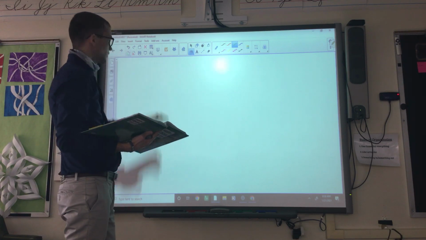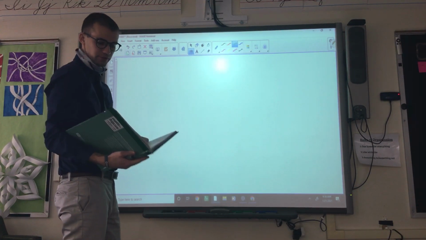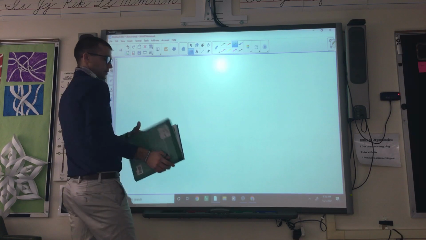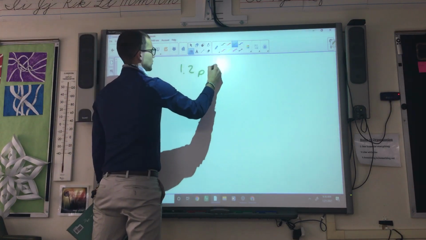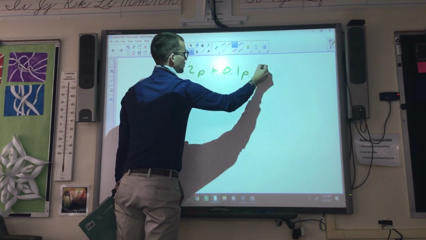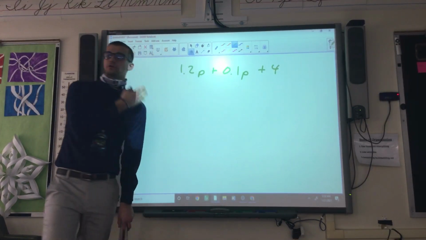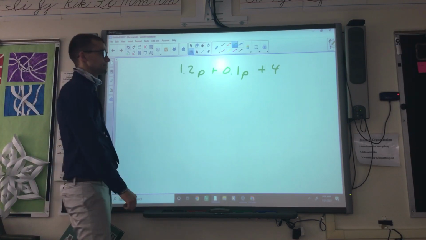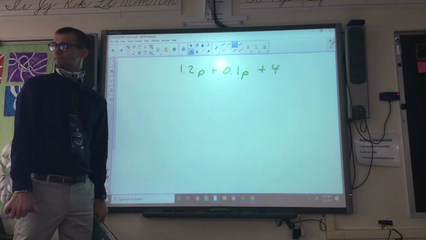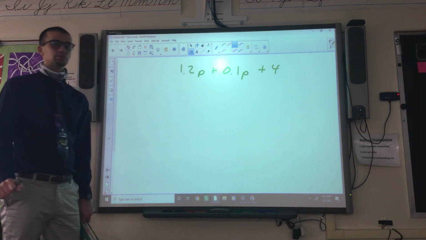146 then has 1.2p plus 1.1p plus 4. Which two are the like terms? 4 and 1.2? Nope, those are not like terms.